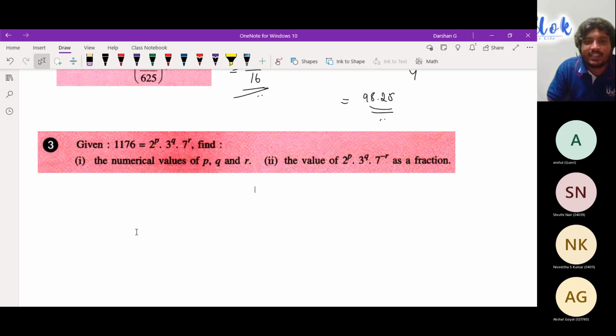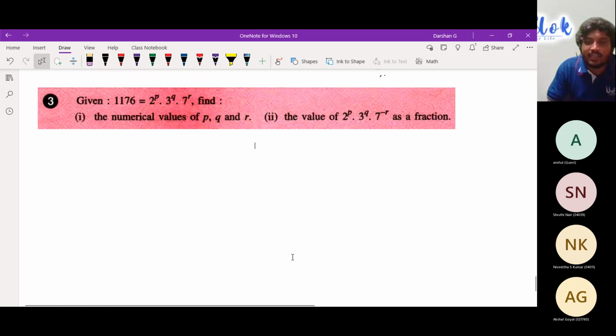Okay, 1176. Find P, Q, R. Yes, come on. This question is for everybody, so everybody can try and find this question. Again, repeating: don't worry about the pace. Pace might vary. Worry about getting it right.